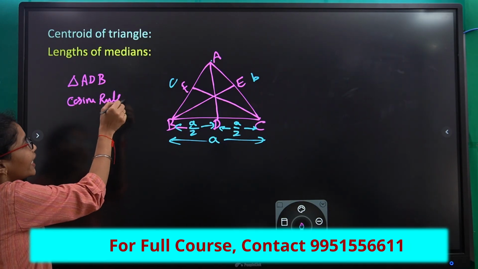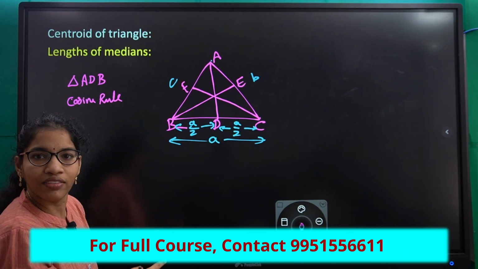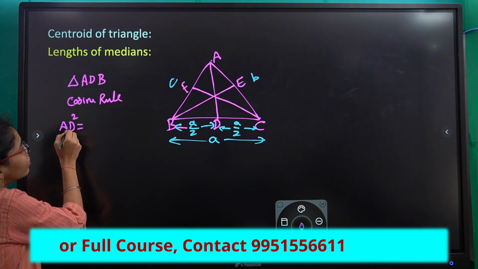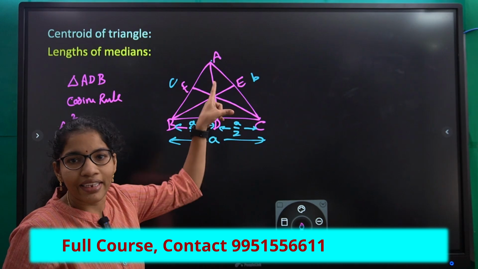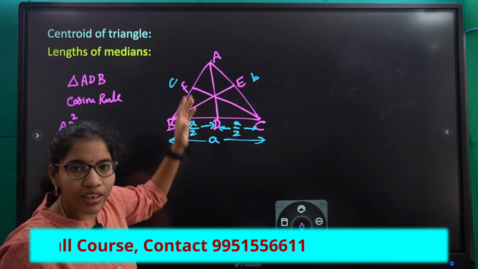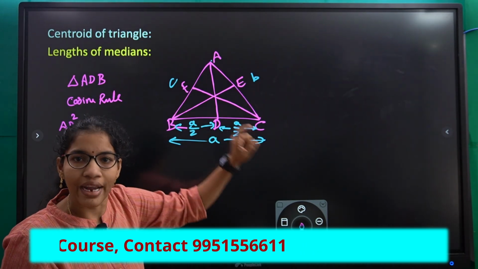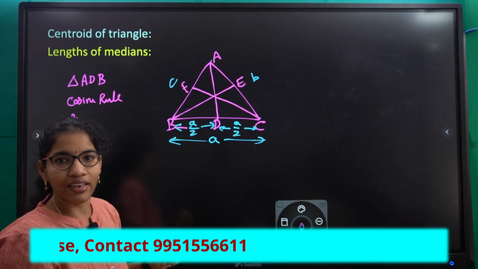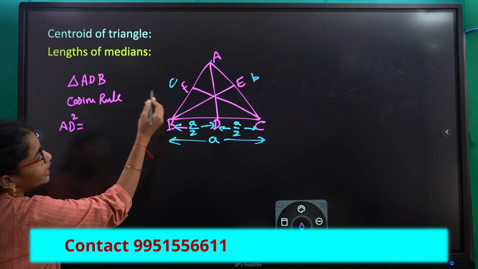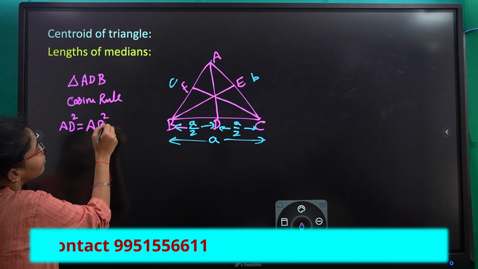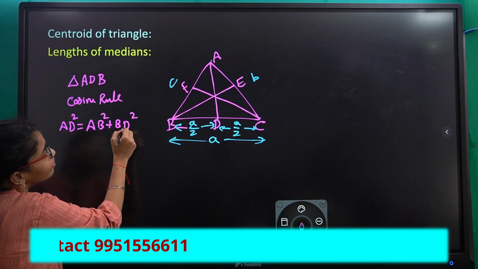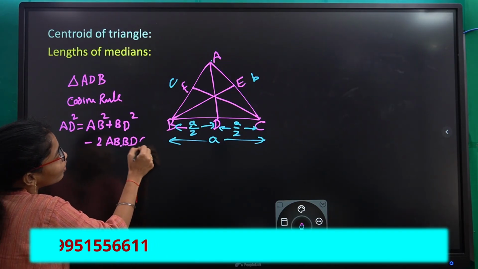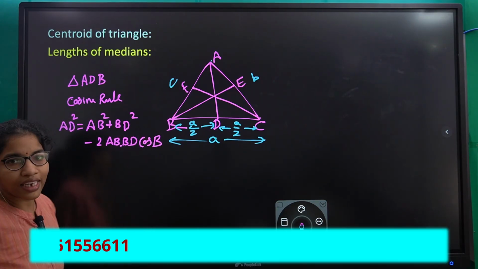I want to find the length AD, so AD square equals, when we want to find a length square, the sum of the other two length squares minus 2 times their product and the cosine of the opposite angle, right? So AD square equals AB square plus BD square minus 2 AB into BD into cos B. Is it clear?